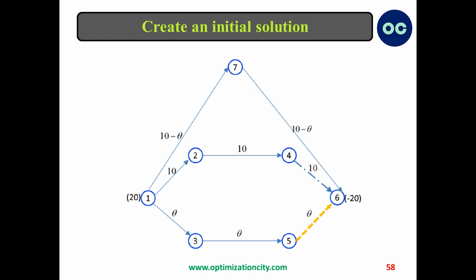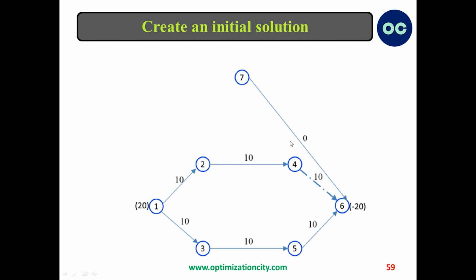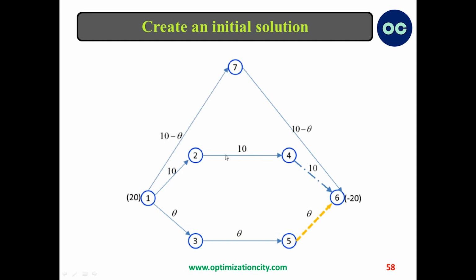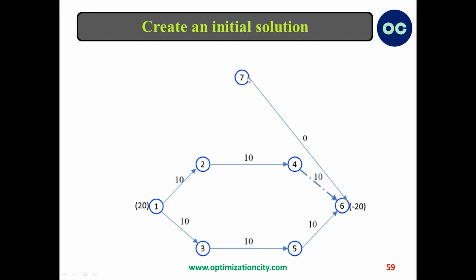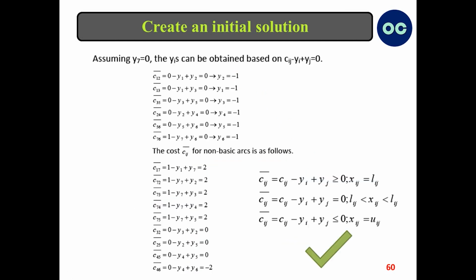So you can see that here arc 1,7 is removed from the base, and this is the basic solution for this iteration, and the objective function in this iteration is equal to 0.